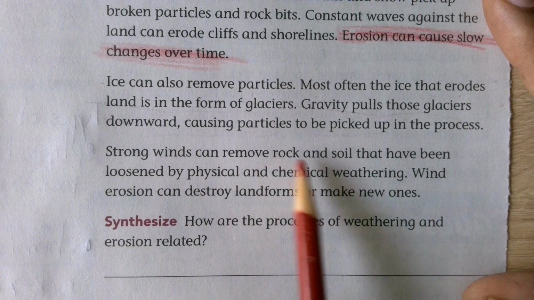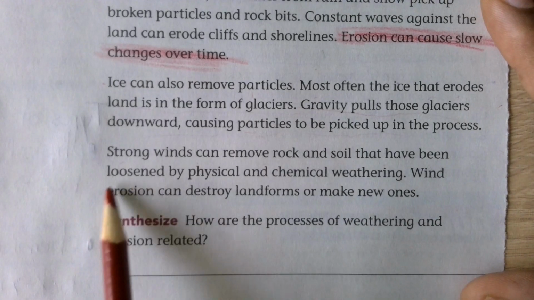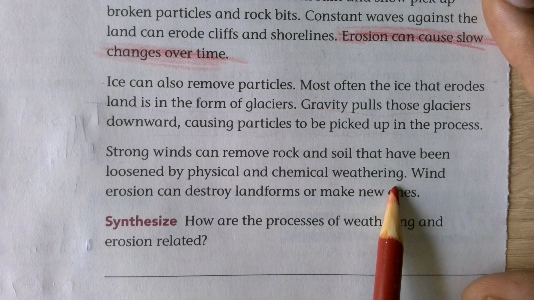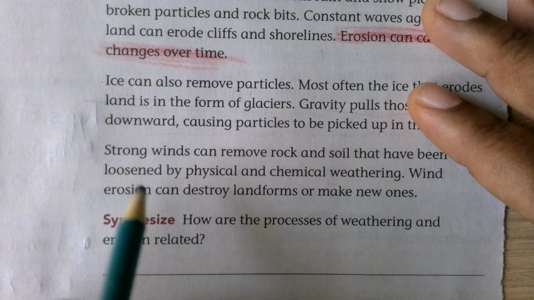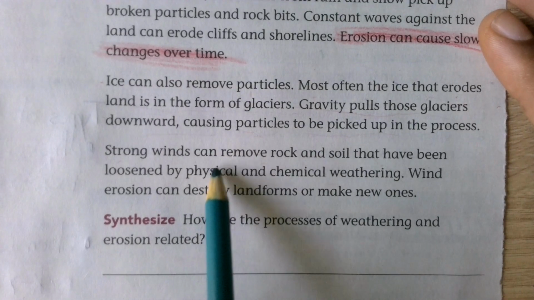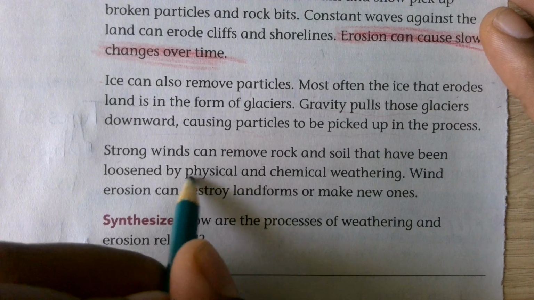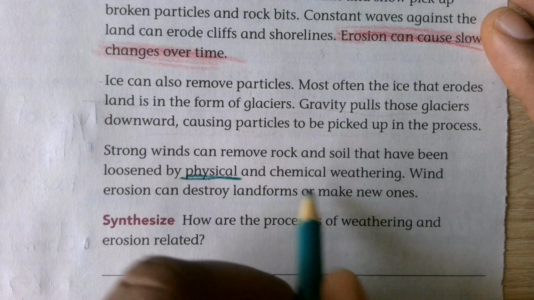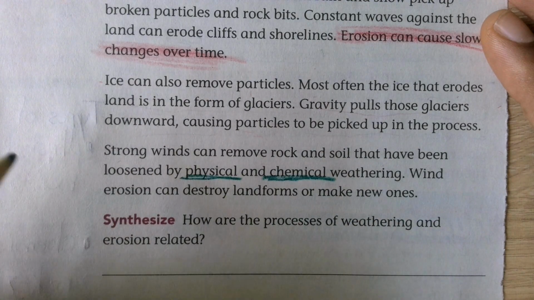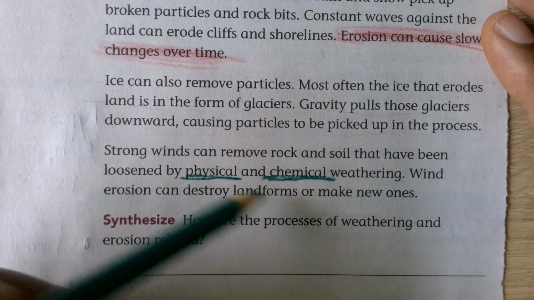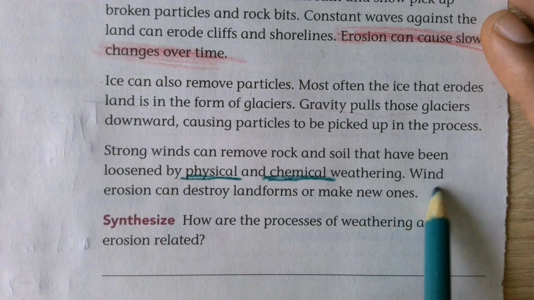Strong winds can remove rock and soil that have been loosened by physical and chemical weathering. So, weathering is breaking down. So when a rock has been broken down, either chemically or physically, it can erode, it can be moved away.